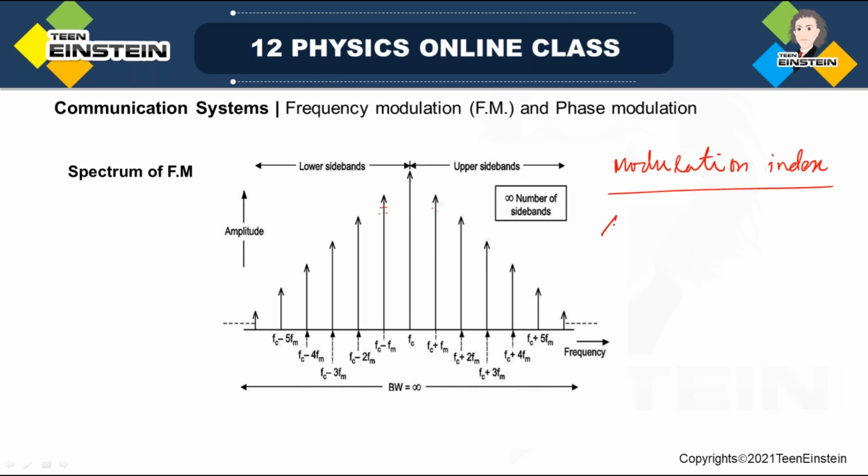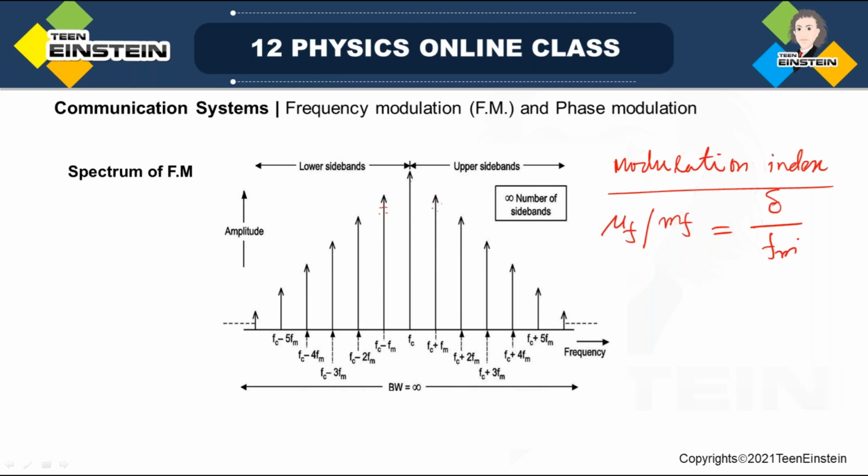This is generally denoted by mu f or mf, the modulation index of frequency modulation. That's why it is f. So this is defined as the ratio of the deviation in the frequency to the modulating frequency. This is the definition.